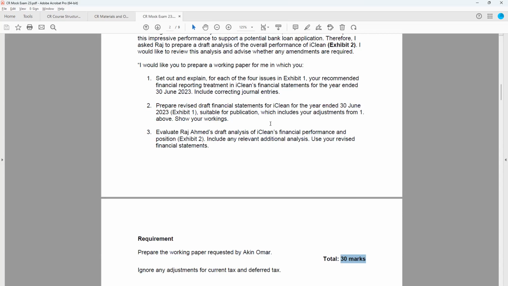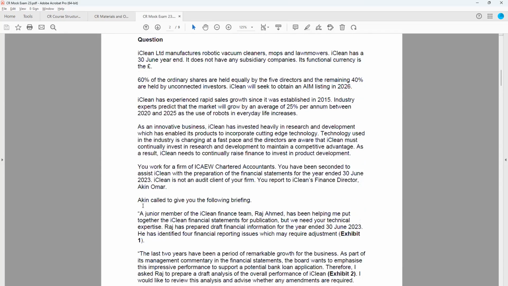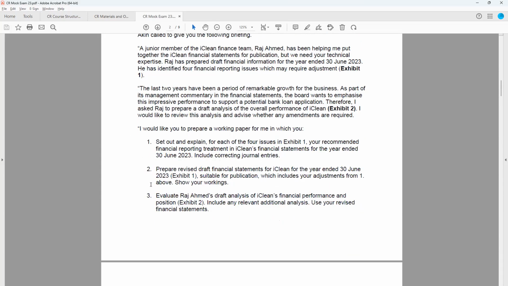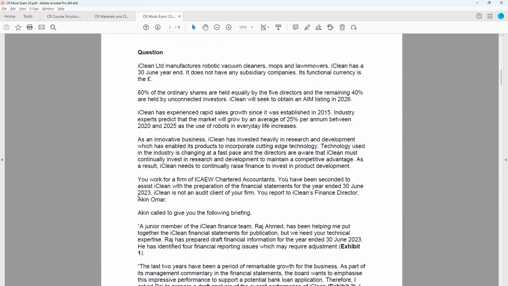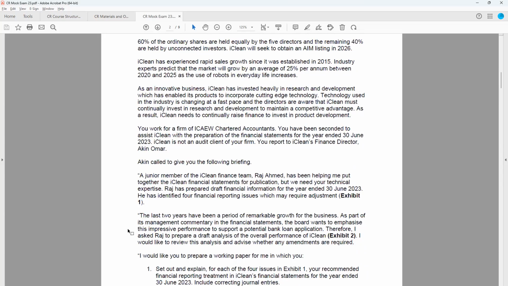Then once we've identified the best way to approach the question, we'll be able to read through the information actively, and I'll be explaining how to identify which piece of information is relevant to each requirement and how to integrate this information into your answer and the key points in the question which you should develop points from.